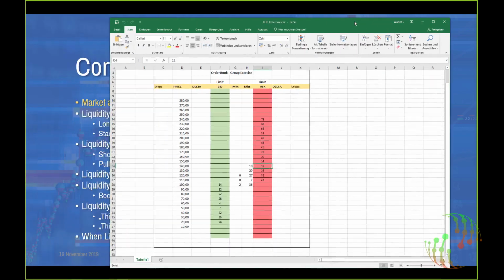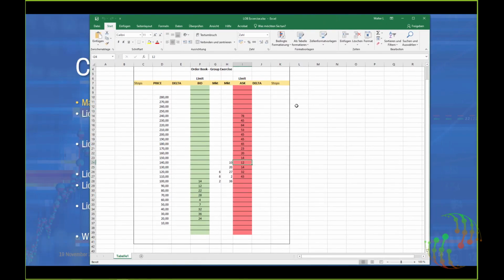Look what I did yesterday, how I manipulated the limit order book, or the liquidity. I think we have selling here, or you had sold something here into the bid, and what I did is simply increase the numbers here.